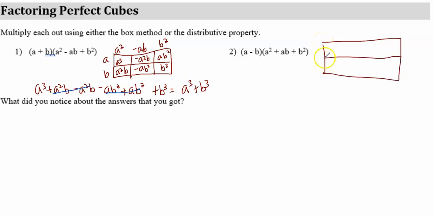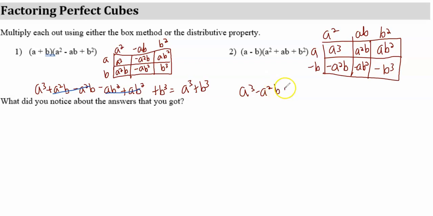Here, you can go ahead and try this one on your own. Pause your screen if you need to. So I'm just filling in, these cancel out, these cancel out.